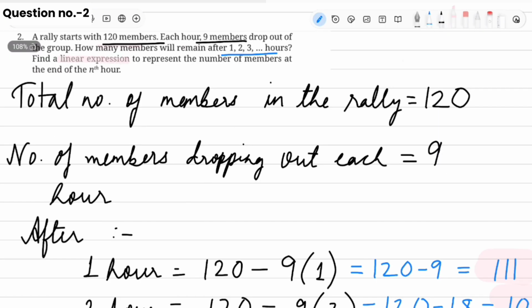Then it is also given to find the linear expression to represent the number of members at the end of nth hour.